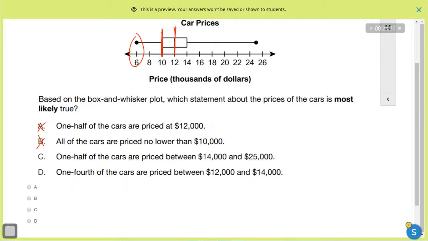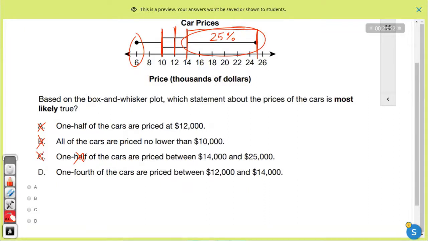C, 1/2 of the cars are priced between $14,000 and $25,000. Well, that is going to be this one right here, 14,000 up here to 25,000. That chunk only represents 25%, so a quarter of the data. Not 1/2 of them. So this one is out as well. Let's make sure D is correct.